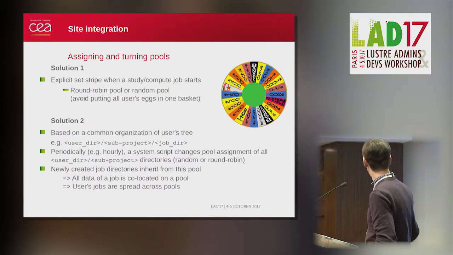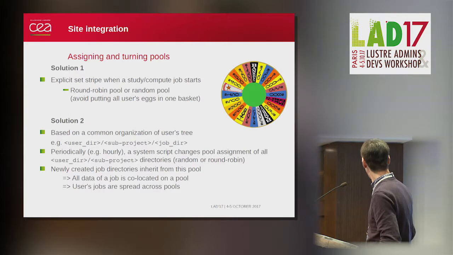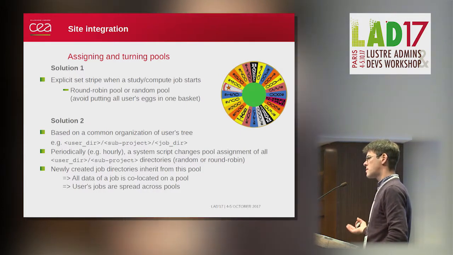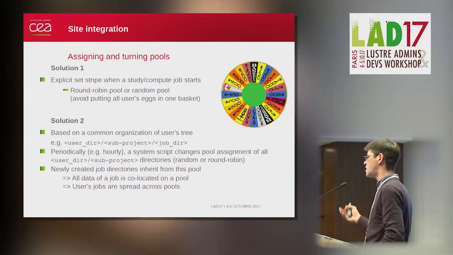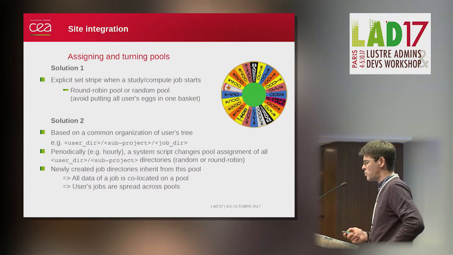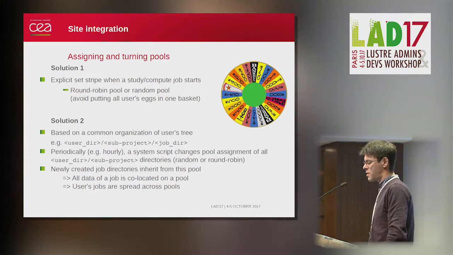If we reassign the pool every hour or every 6 hours, without the user having to do anything, the jobs will be created in the multiple pools. It will do a round robin of its data location.